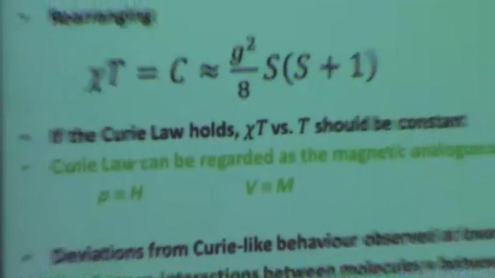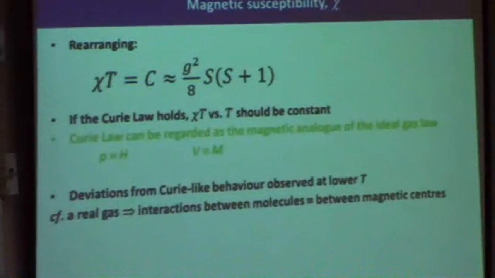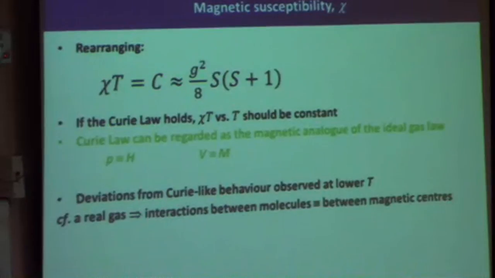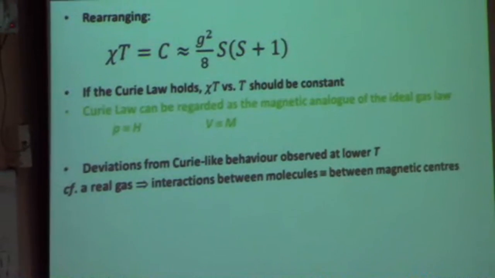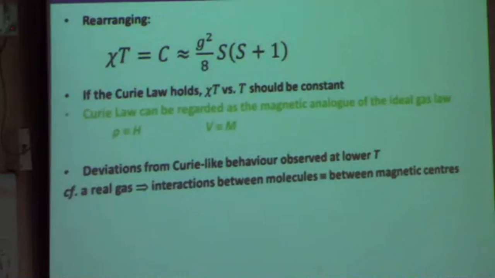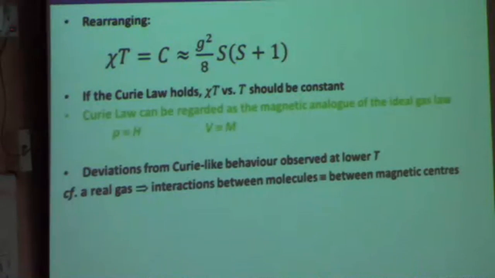Now, to try and give you insight into why the Curie law might not hold, I'm going to make a comparison which may not seem immediately obvious, but this possibly goes back to chemistry, maybe even high school. I don't know what the situation is in India, but certainly when I was in high school, we studied the ideal gas.